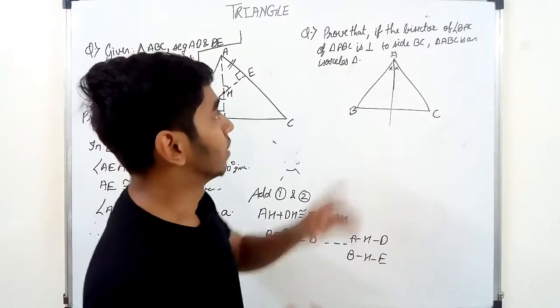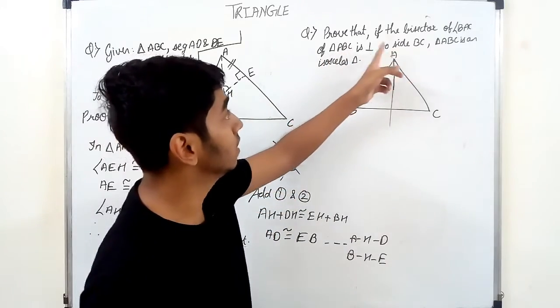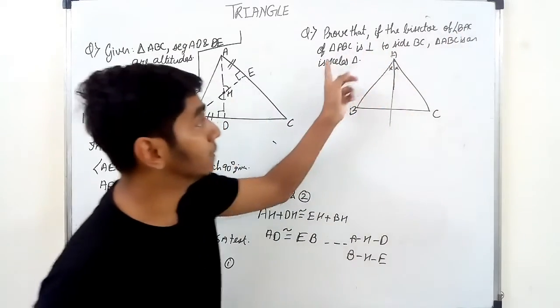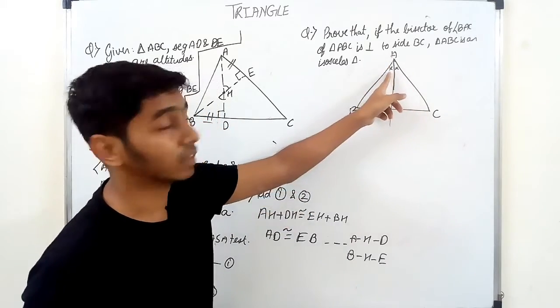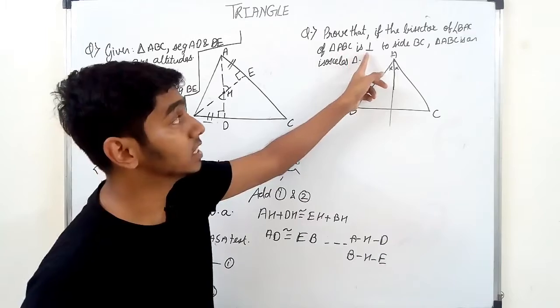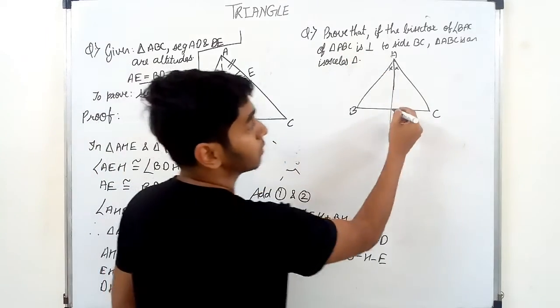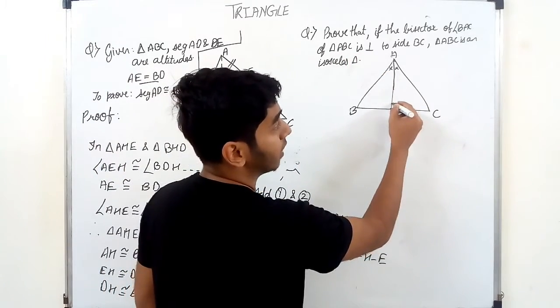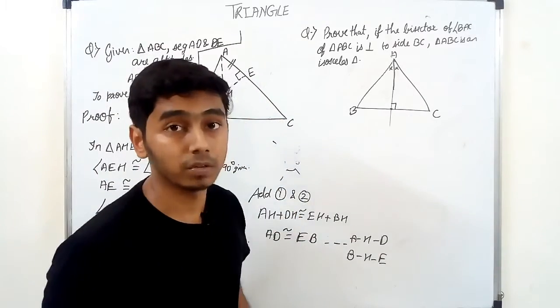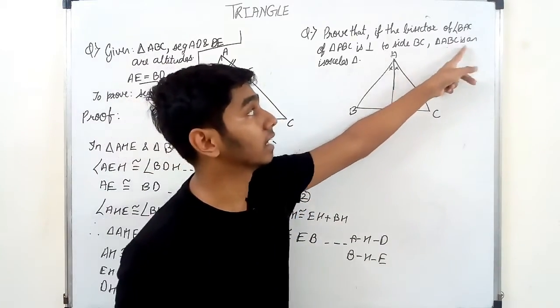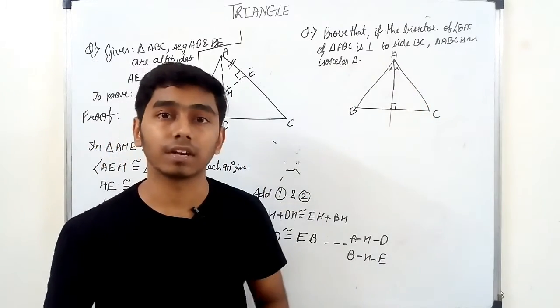Correct? Therefore, what is given? If the bisector of angle BAC of triangle ABC is perpendicular, meaning at this point it is making 90 degrees to BC. Yes or no? Then we have to prove that triangle ABC is an isosceles triangle.